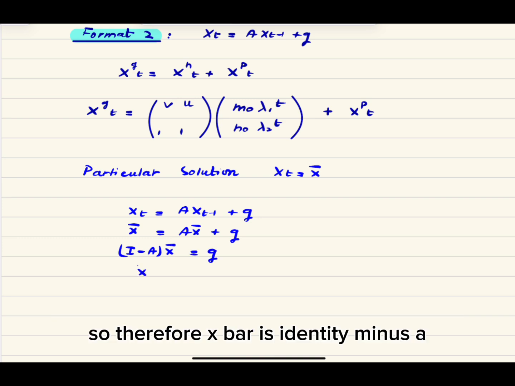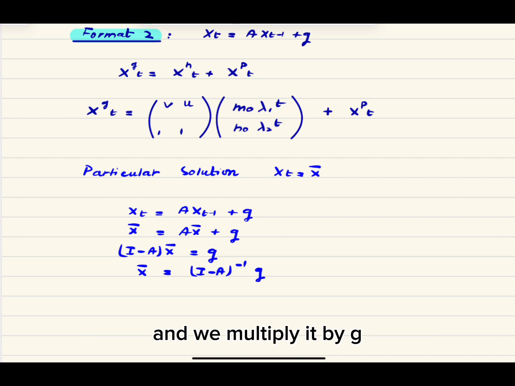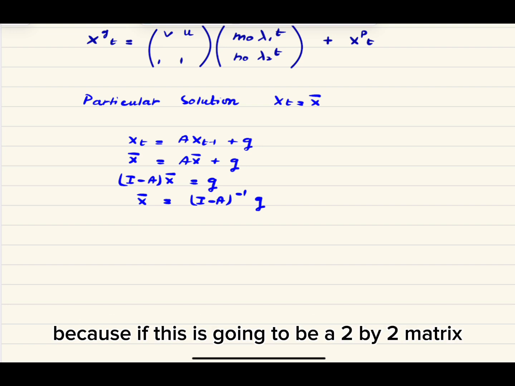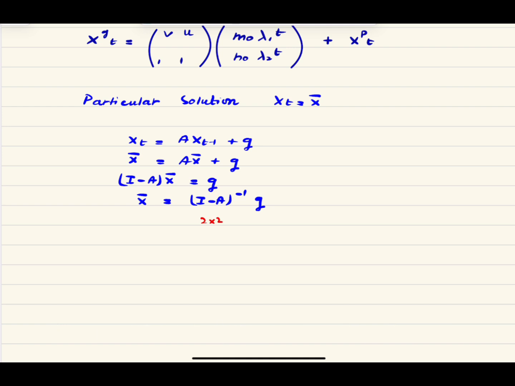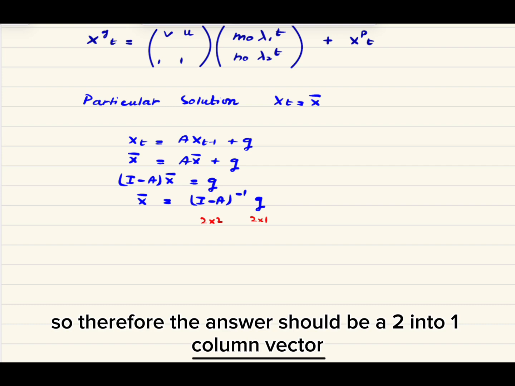So therefore x bar is the inverse of (I minus A), whatever this matrix was, multiplied by g. This is basically going to give you a column vector, because this is a 2 by 2 matrix and this is a 2 by 1 column vector, so the answer should be a 2 by 1 column vector.